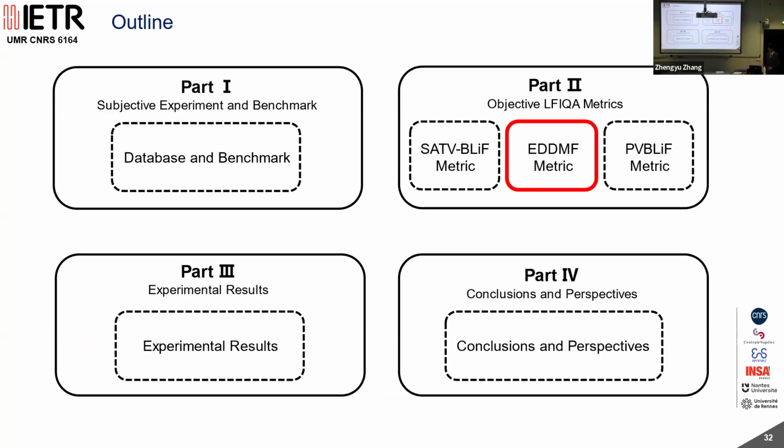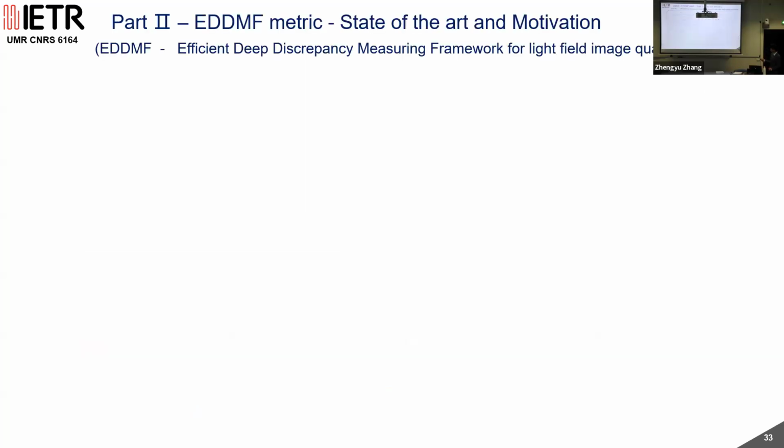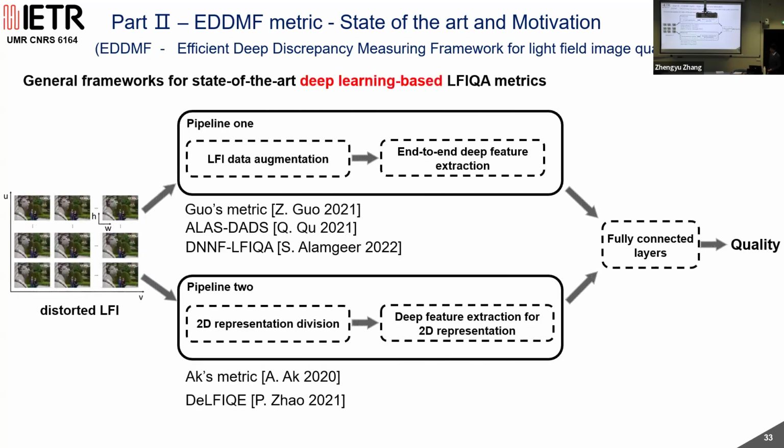Our second metric is named EDVMF. Considering that deep learning technology has been adopted in many fields and achieves impressive performance, we would like to explore deep learning technology for light field image quality assessment. Currently, there are only a few light field image quality assessment metrics that use deep learning features, and we summarize the general framework for them, which contains two pipelines.